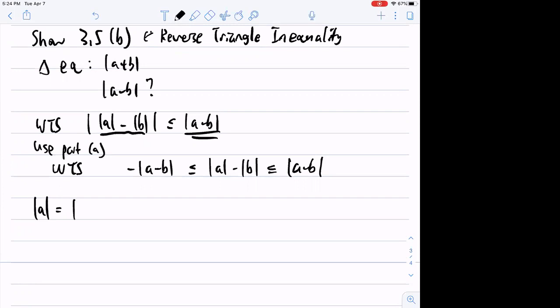So this is the same as A minus B plus B, right? Now I can use triangle inequality on these two terms, right? So this is the actual triangle inequality. And now I subtract absolute value of B to the other side.